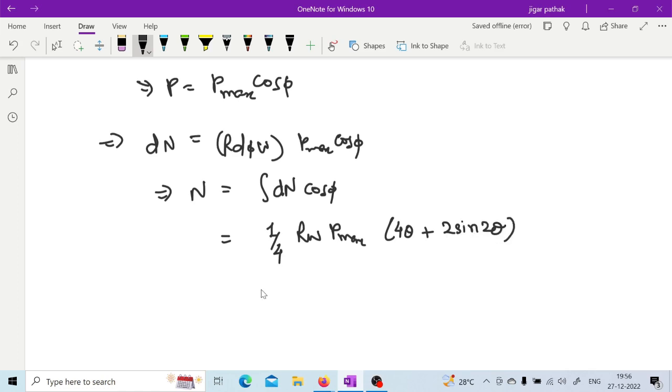So actually further you can simplify this as 1 by 2 r w p max into 2 theta plus sin 2 theta.